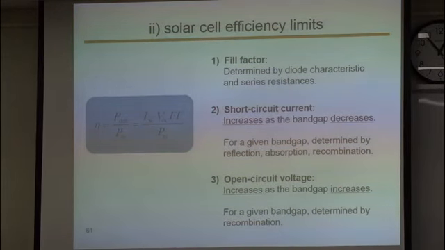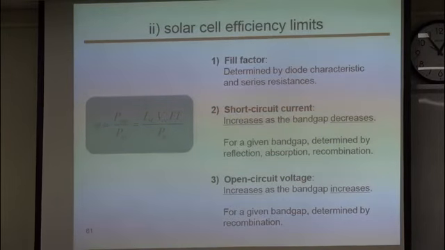And the second and third, open circuit voltage and short circuit current, can be dependent on the band gap. So for example, if the band gap increases, then the short circuit current will decrease, but the open circuit voltage will increase.